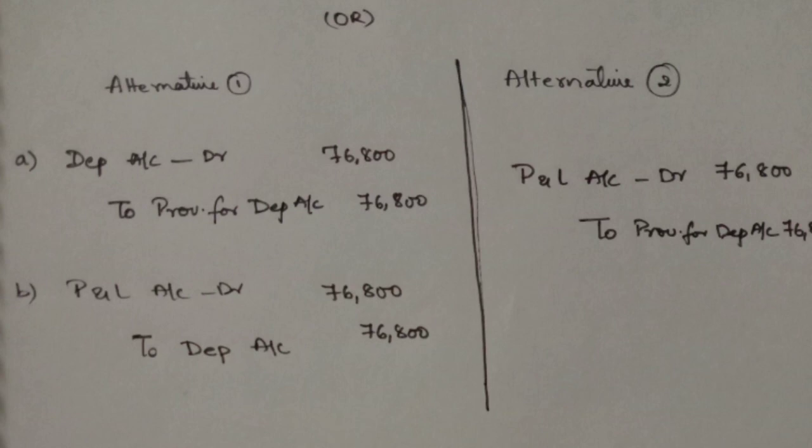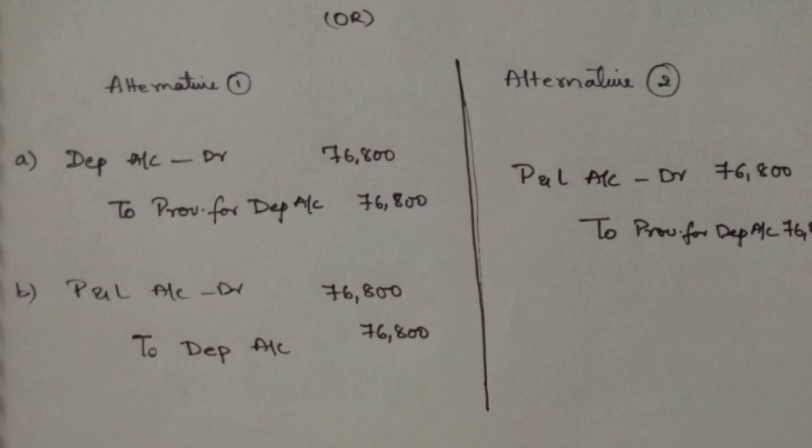See, if you write those entries and compare: the first entry is depreciation to provision for depreciation, and P&L account debit to depreciation. Now you cancel the depreciation on the debit side of the first entry and the depreciation on the credit side of the P&L account entry.